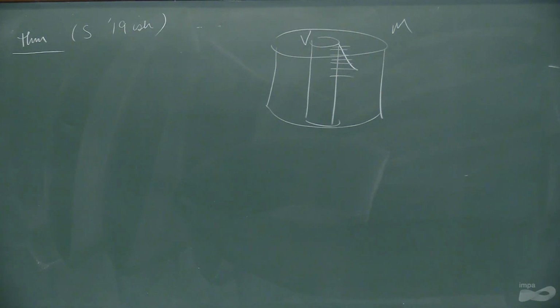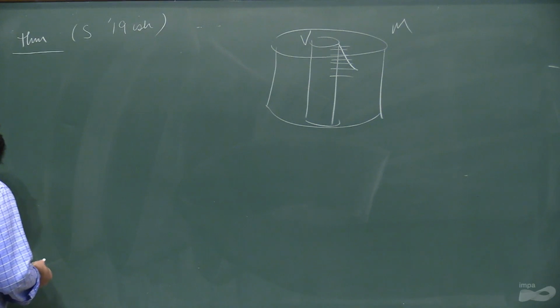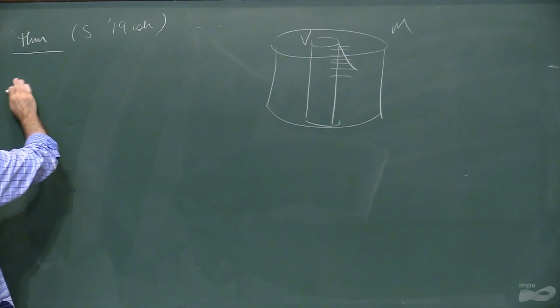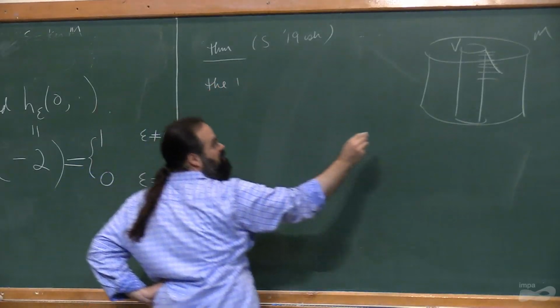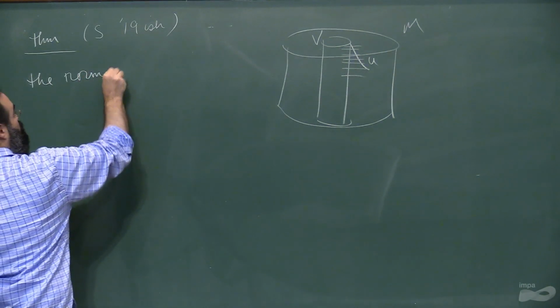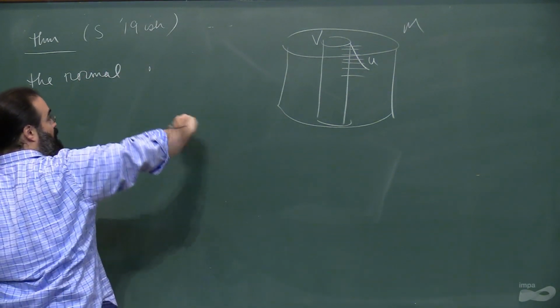And the theorem on the asymptotics is: U, the normal component of U, that's U is my half-cylinder, and I'll assume it's positive. I could also do a negative version.